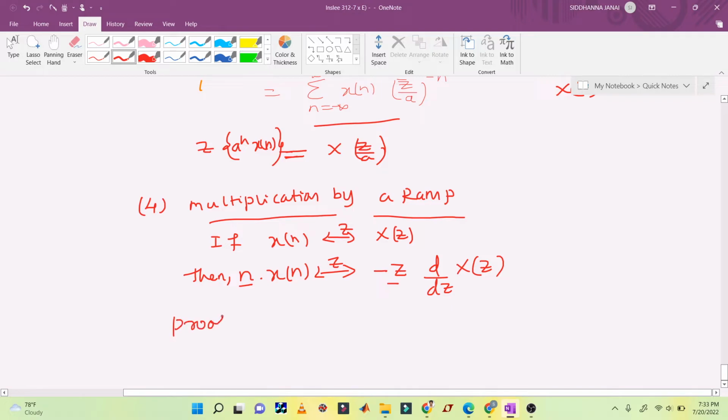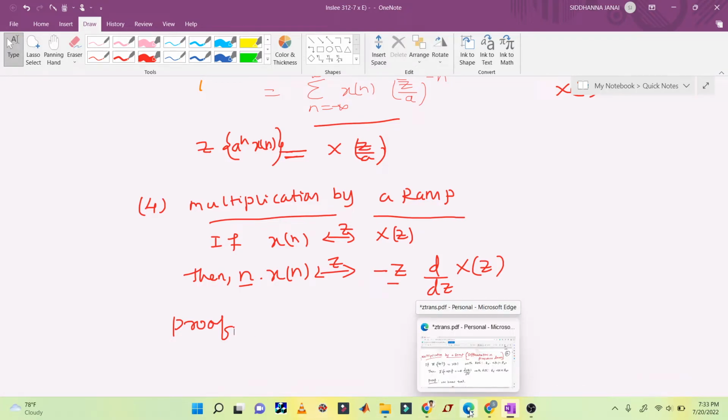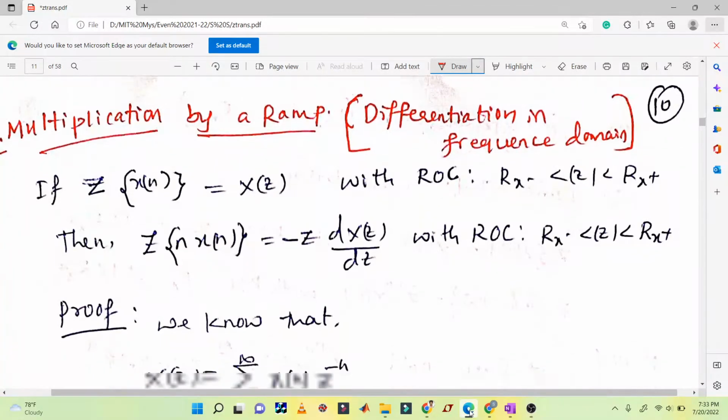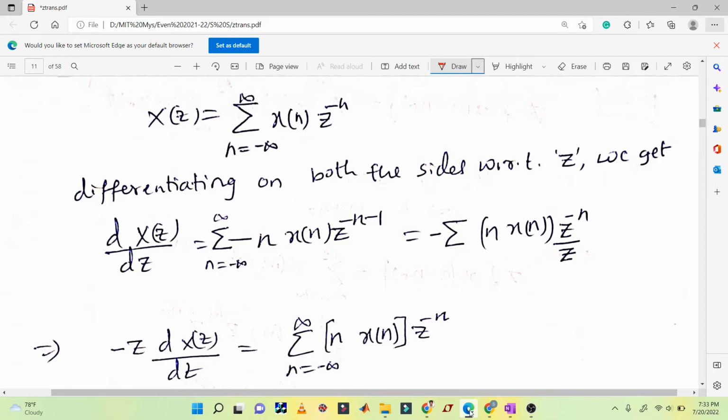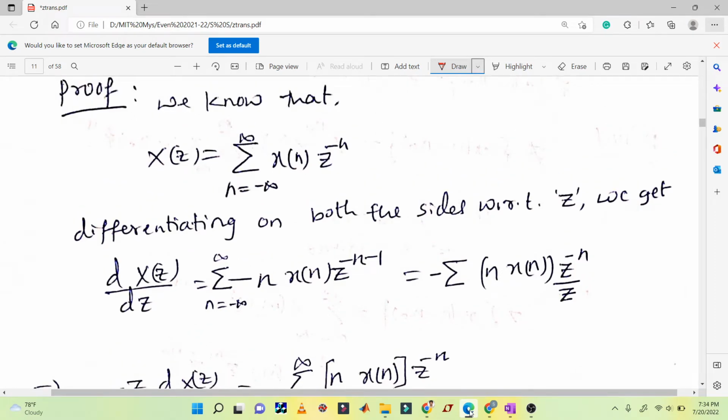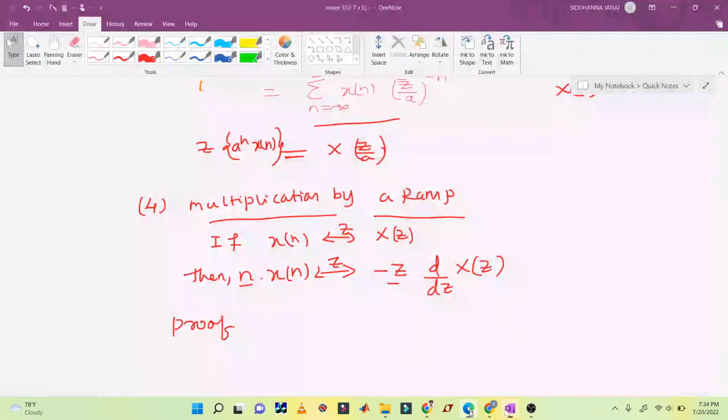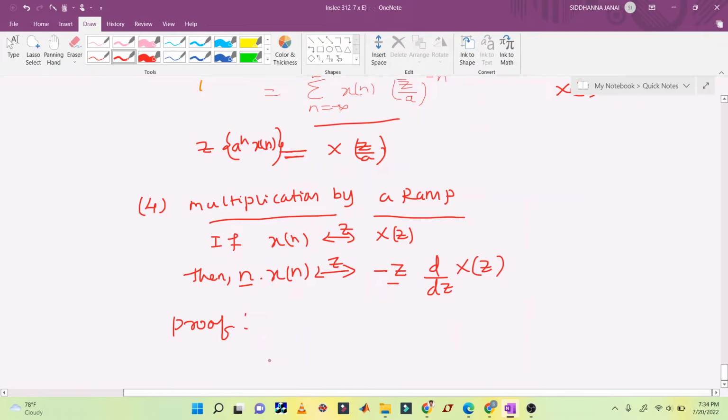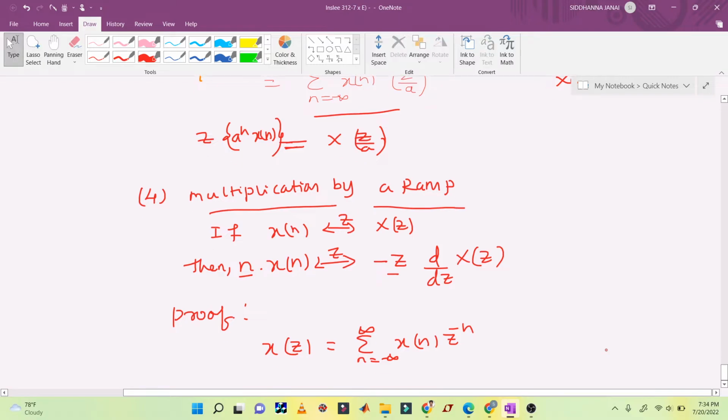Now let us move on to the proof. Here we need to first take input as n into x of n, and then we have to differentiate. X of z is equal to summation n is equal to minus infinity to plus infinity x of n z power minus n. This is our actual equation.